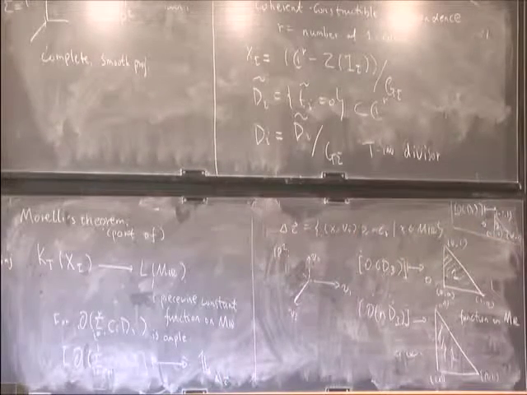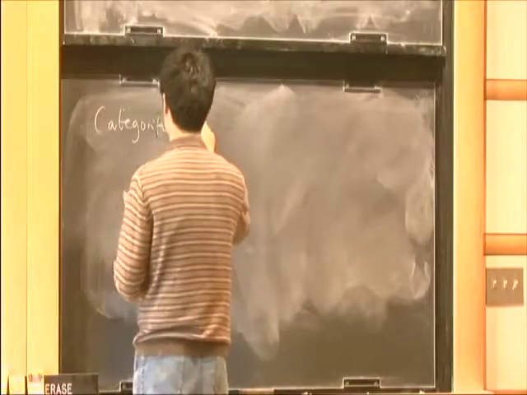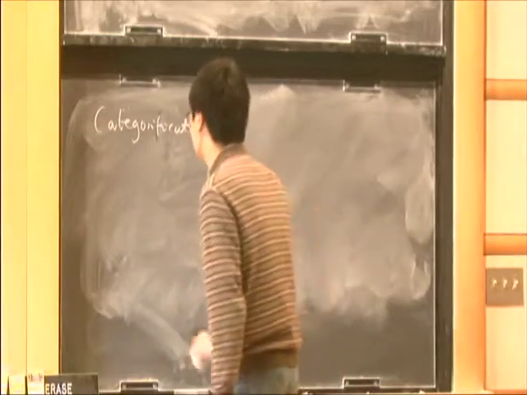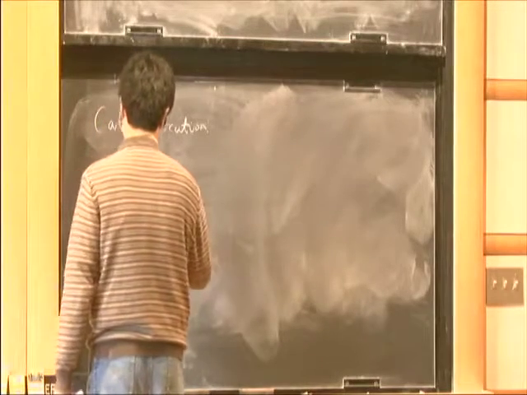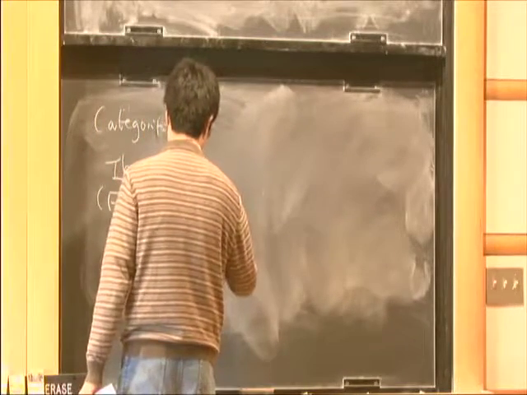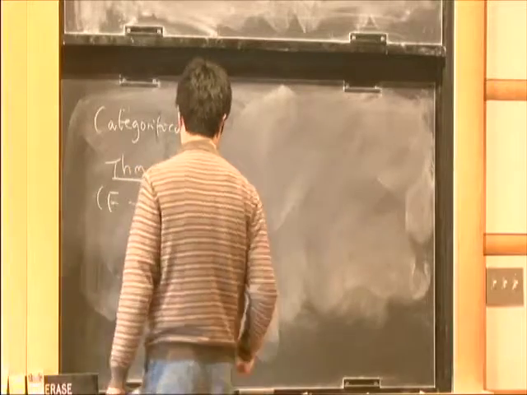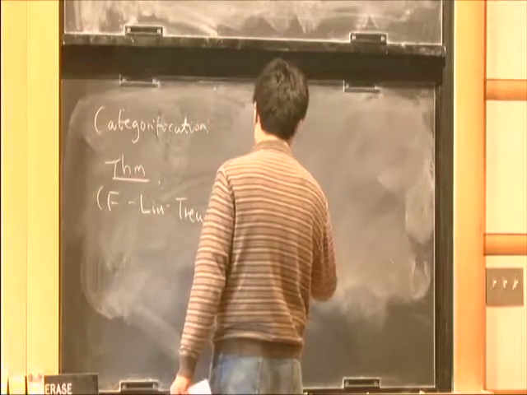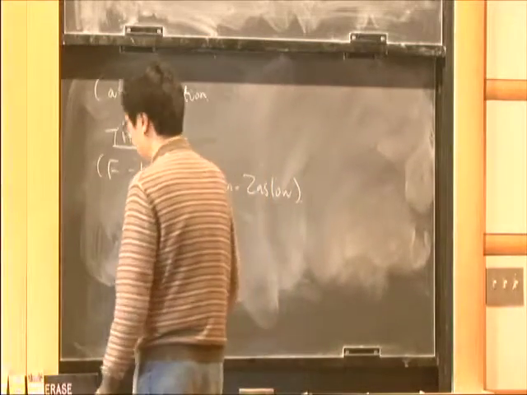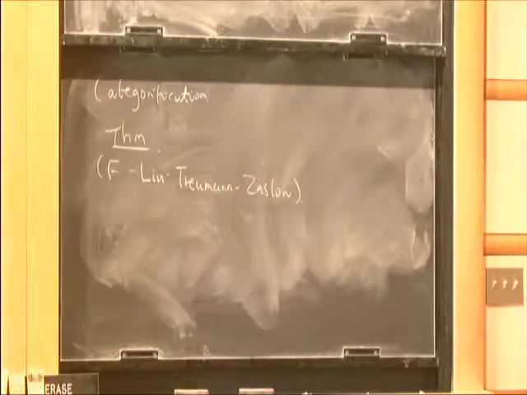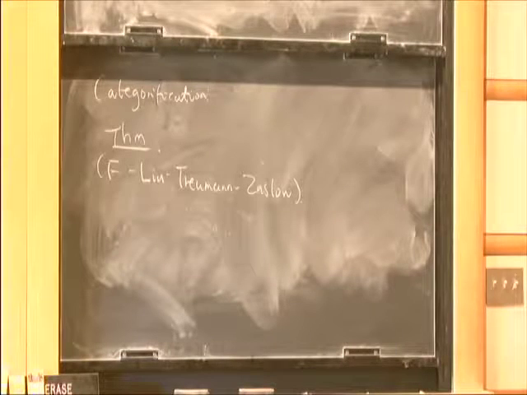Categorification. There's a categorification of this theorem, saying that we can think about the derived category of coherent sheaves as a kind of categorification of the K group.